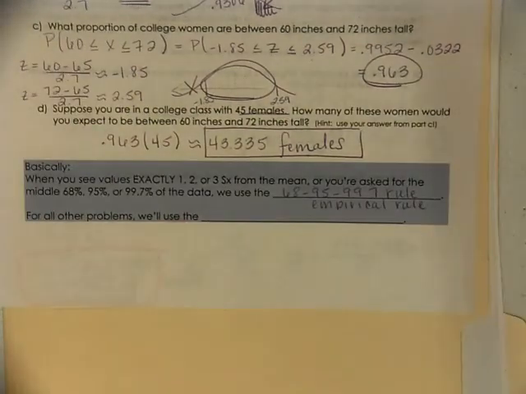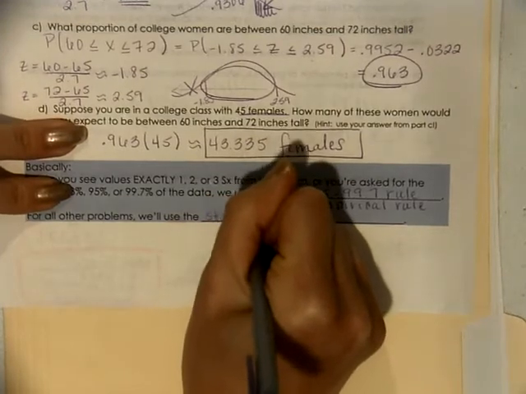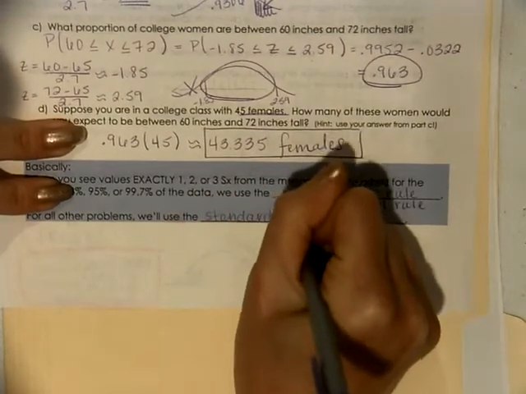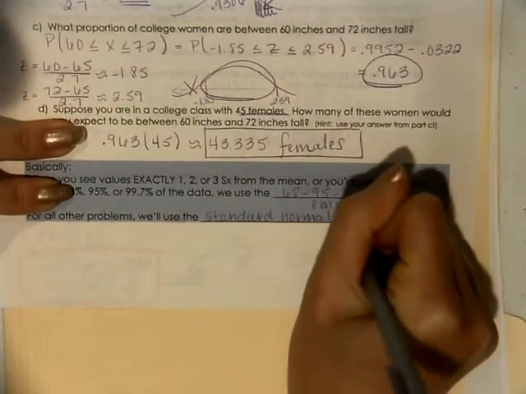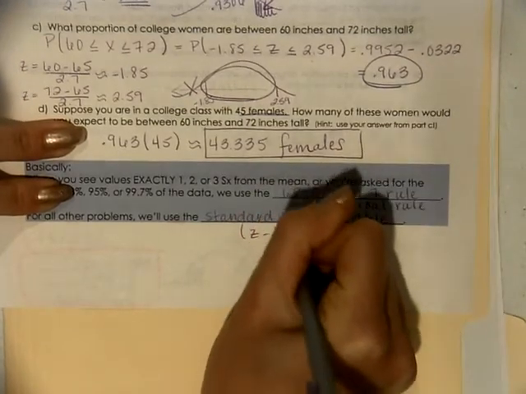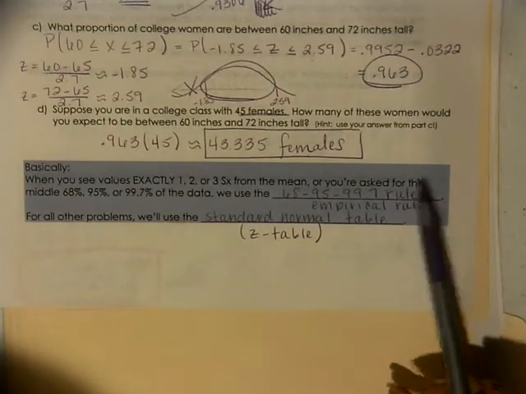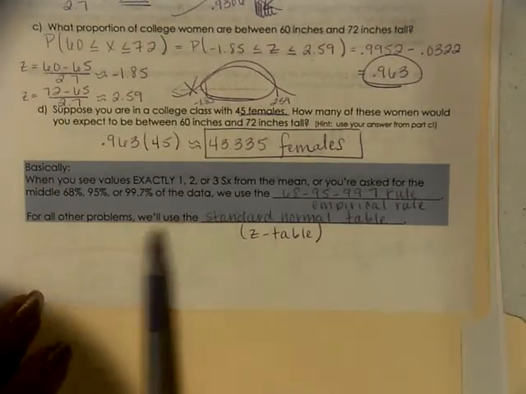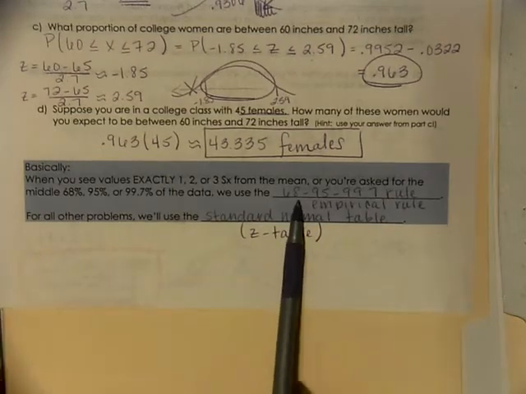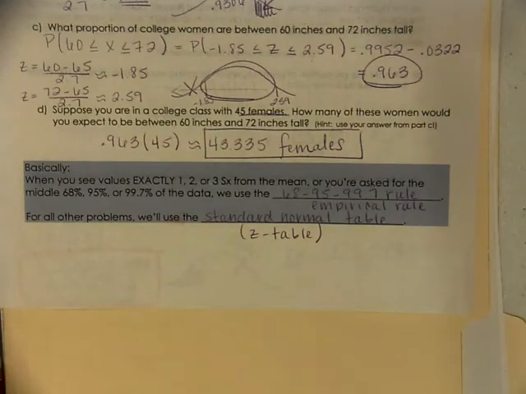For all other problems, you guys, we're going to use the standard normal table, or what we can call the z-table. So this is just a shortcut, okay? If you forget to use this rule, that's okay. This is just a long way, but this is a shortcut. Since these values are fairly predictable, that's how that rule came about.